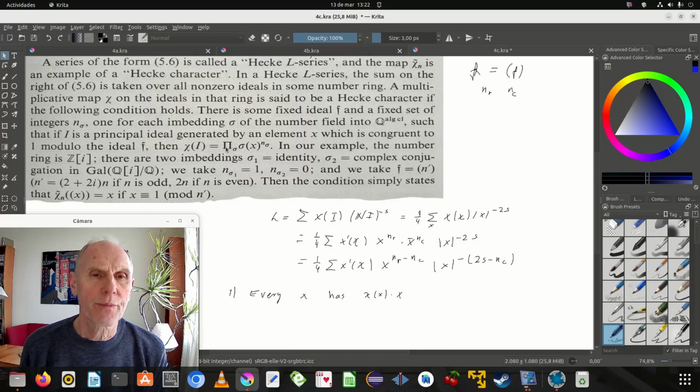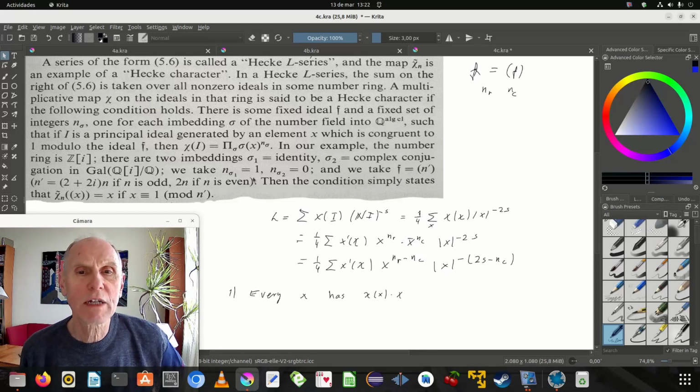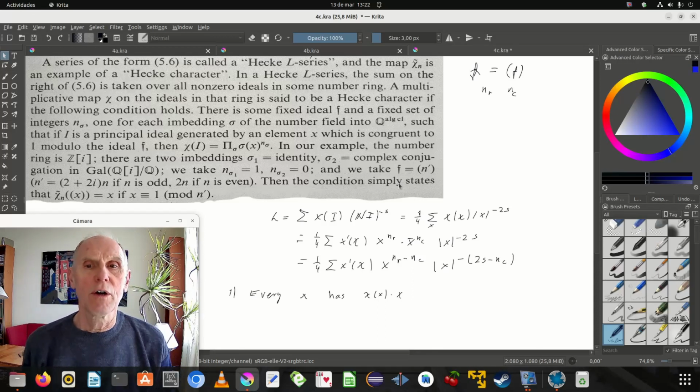We could put any generator to some order, then it would be equivalent to 1 modulo this ideal f.